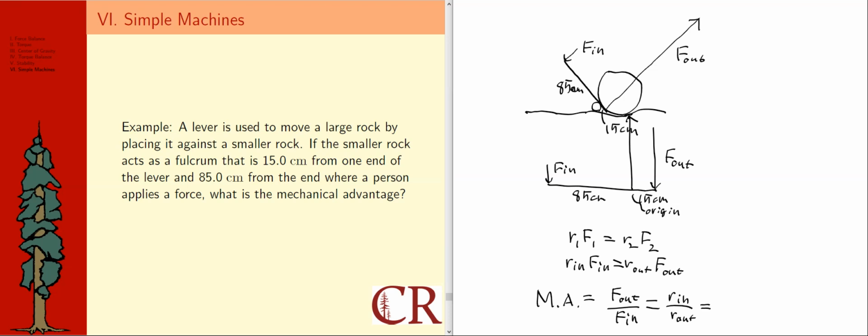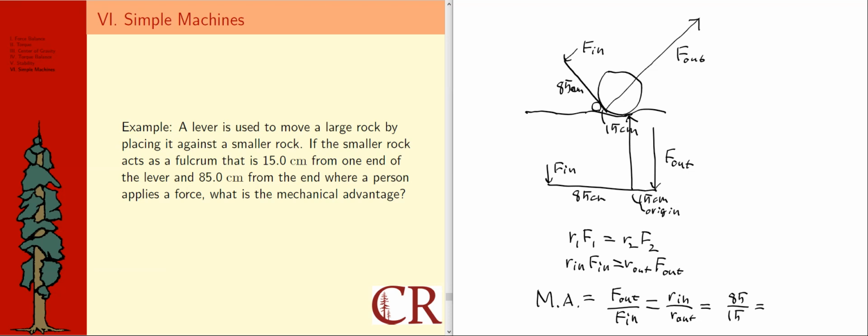But R in is really this 85 centimeters, and R out is the 15 centimeters. So this would be equal to 85 centimeters divided by 15 centimeters. I'm not going to bother to write the centimeters because I know those cancel out, and the mechanical advantage should be a pure number. It doesn't have units.